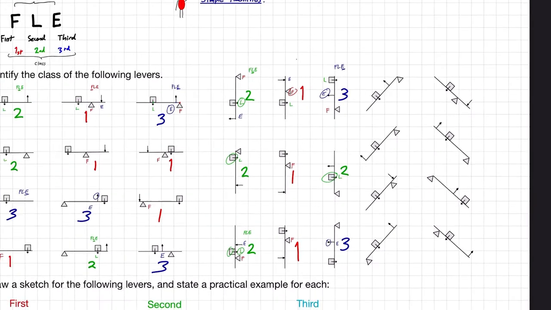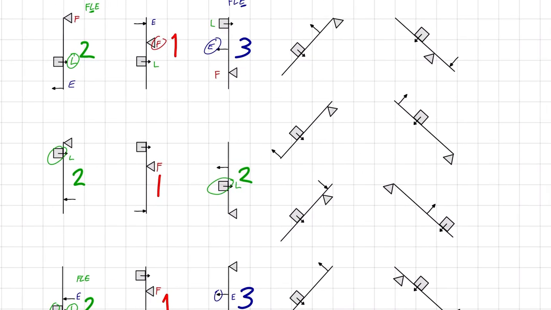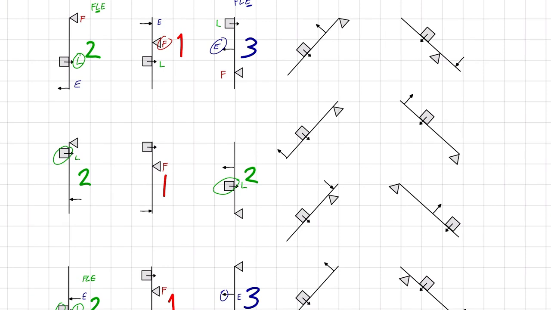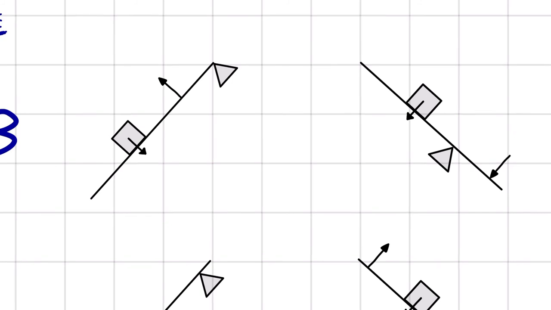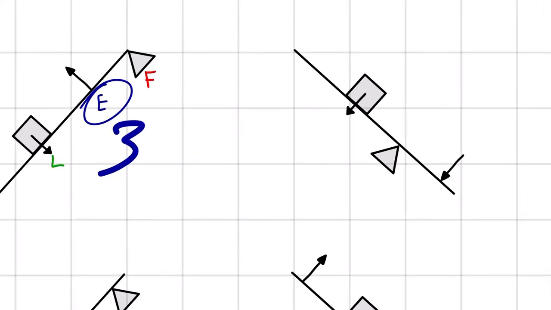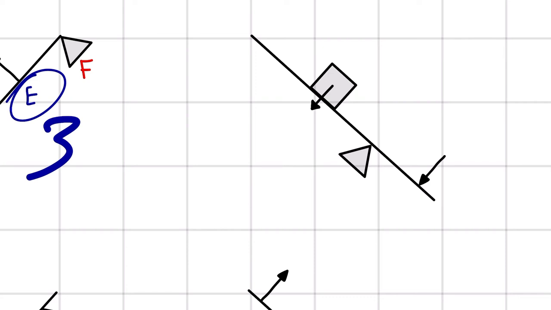Now let's do these ones that are on an angle. They may look a little bit trickier, but it's going to be the exact same process. So again, we're going to identify these. This is the fulcrum. This one is the effort, and this one is the load. And which one's in the middle? It's the effort. So this is a third class lever. Let's do this one as well. This is the load. This is the fulcrum, and this is the effort.